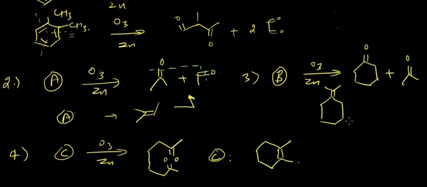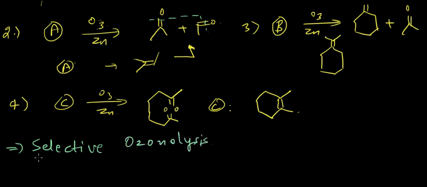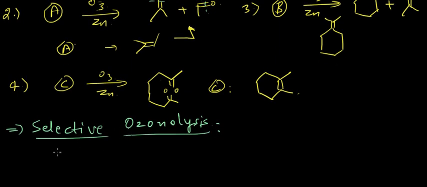Okay, so with this we come to the end of simple ozonolysis, and let's have a look at selective ozonolysis. In selective ozonolysis, suppose we have this as our substrate.